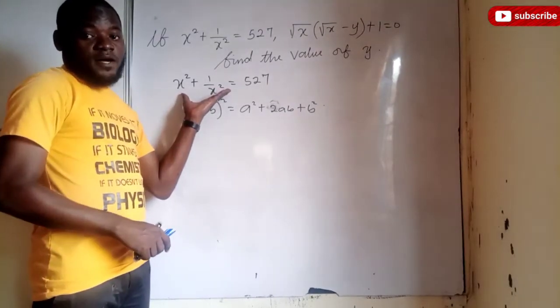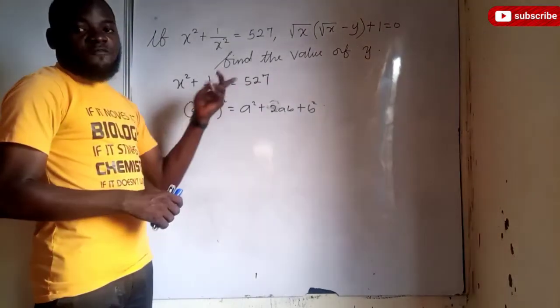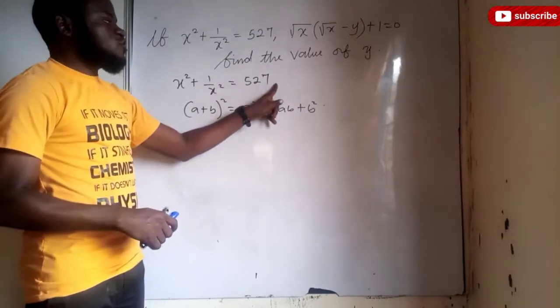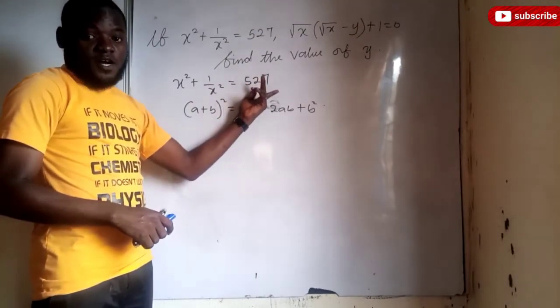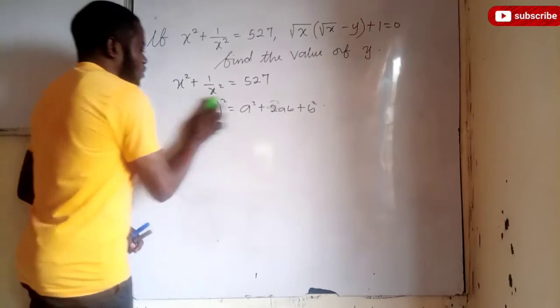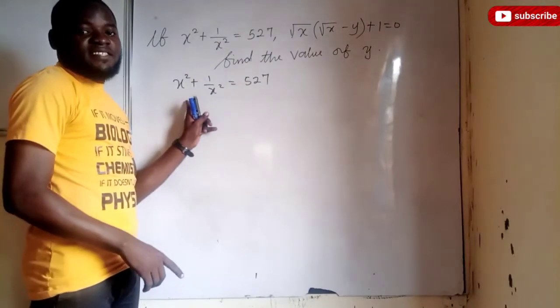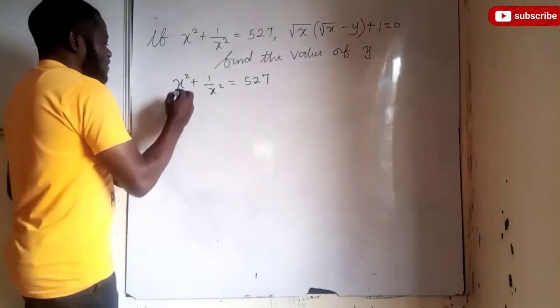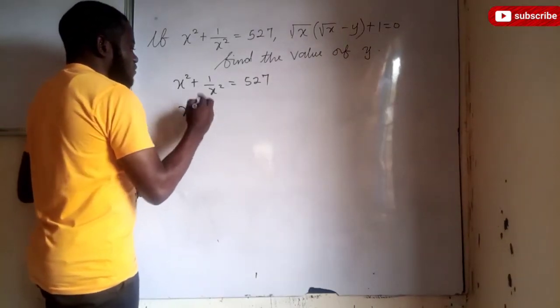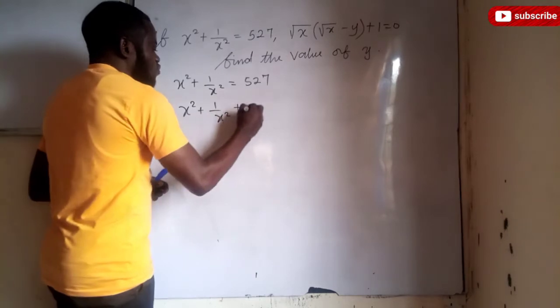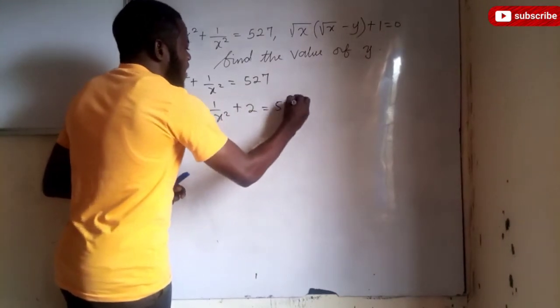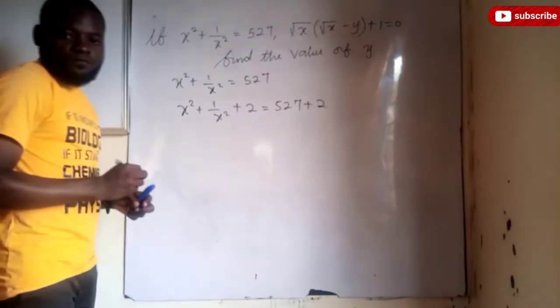A complete square. How can I make this one a perfect square? That's the logic. Add 2 to this one, and it will become a perfect square. Since this is an equation, whatever I do to this side I have to do to the other side also. Hence, I will have x squared plus 1 over x squared plus 2 equal 527 plus 2.